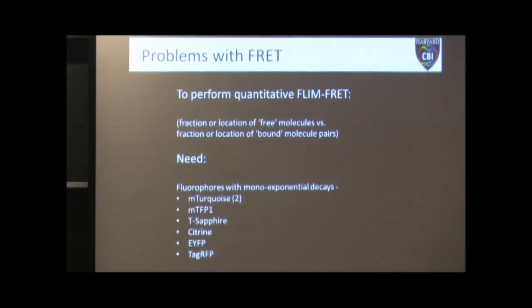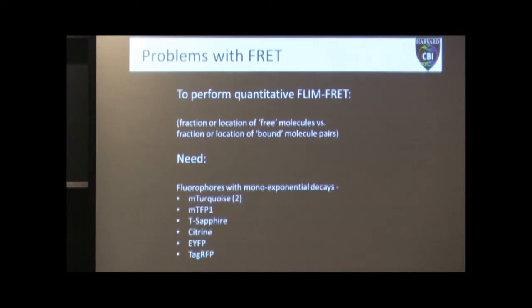The key to this is that you need a fluorophore with a mono-exponential decay. So that decay curve, when you're measuring your lifetime, has to be a mono-exponential. Not all fluorophores perform this way, but here is a list of a few of the fluorescent proteins that do.